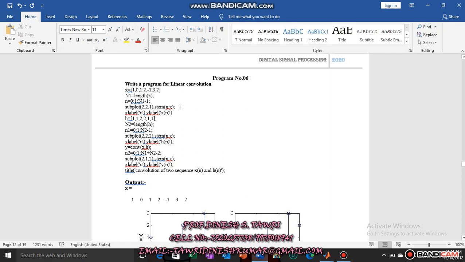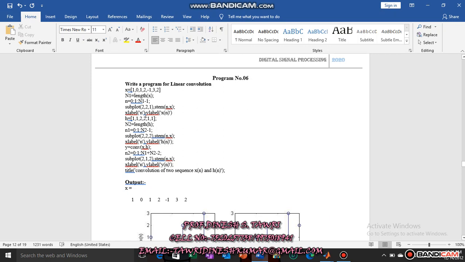Now we will draw the plot. For plotting the graph you have to write xlabel in round bracket, in single inverted commas, n, round bracket complete.